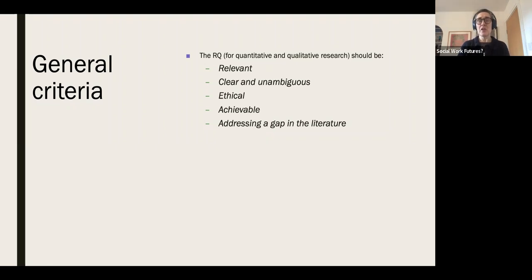So it's really important that you narrow in on something that you can actually do within your given time frame. And they should address a gap in the literature, so they should come from what is known clearly and should feed back into that body of literature.